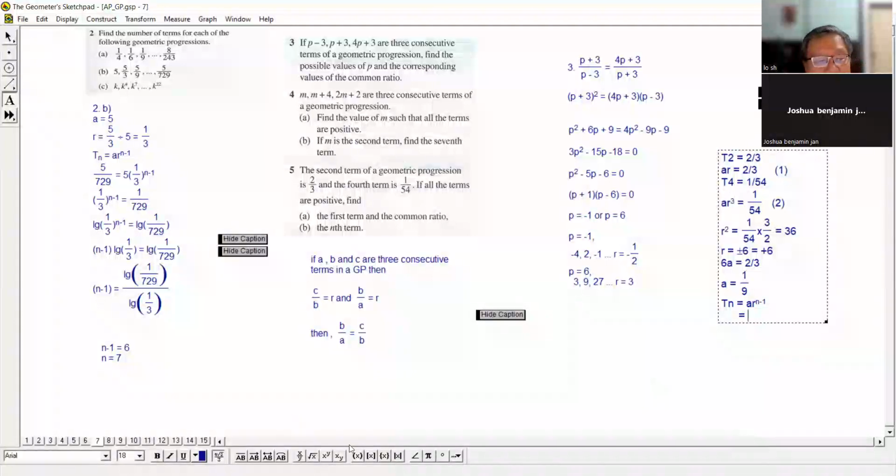It equals 1 over 9 for A, then R is 6. 6 to the power of n minus 1. So this is the Tn.